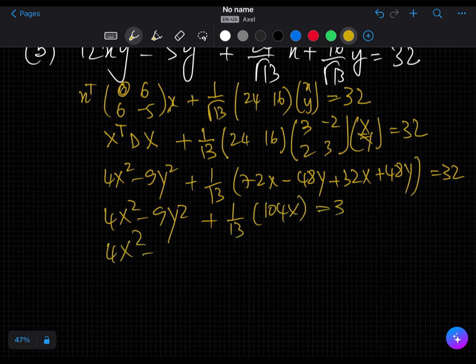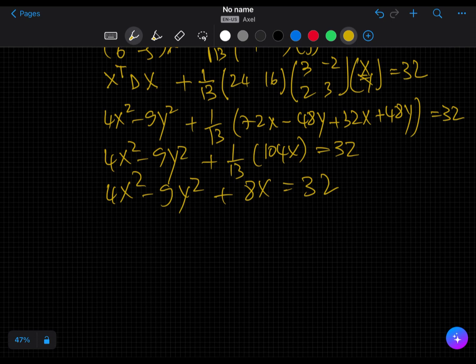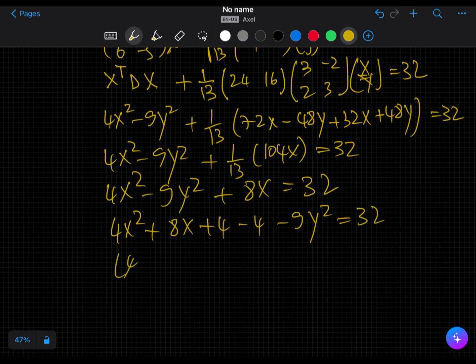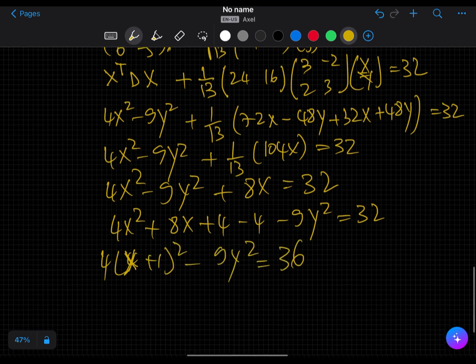So this is 4x squared minus 9y squared plus 8x equals 32, right? If you complete the square with the x variable, you have 4 times x squared plus x, plus 4 minus 4, equals 32. So this will give you 4(x plus 1) squared minus 9y squared equals 36, right?